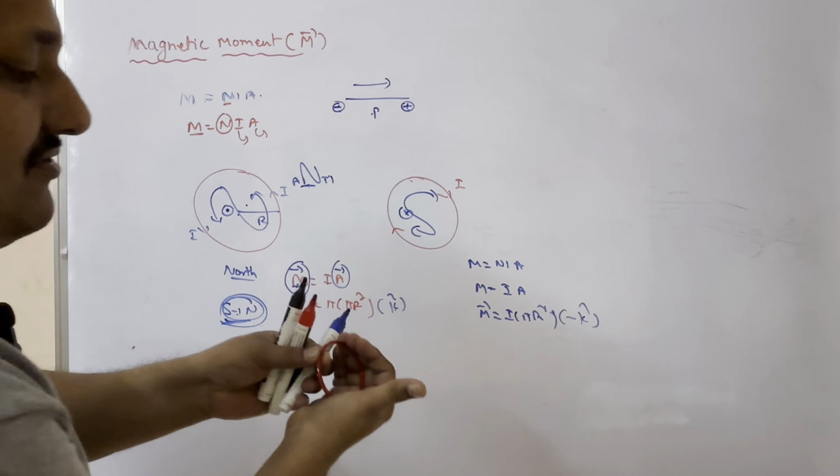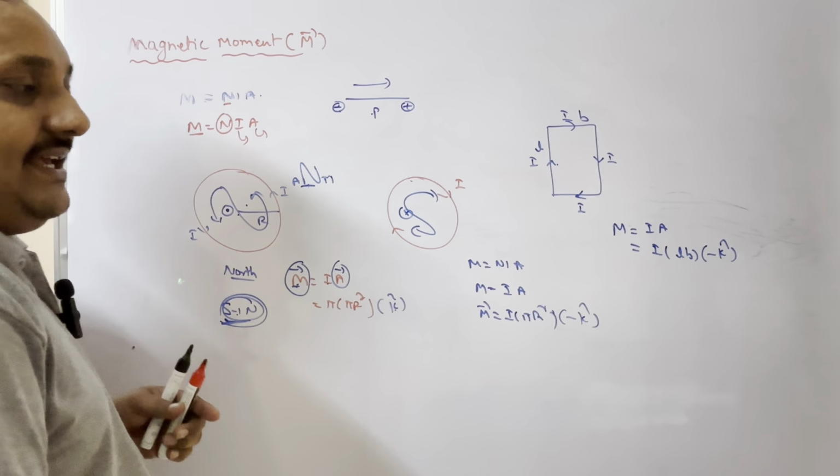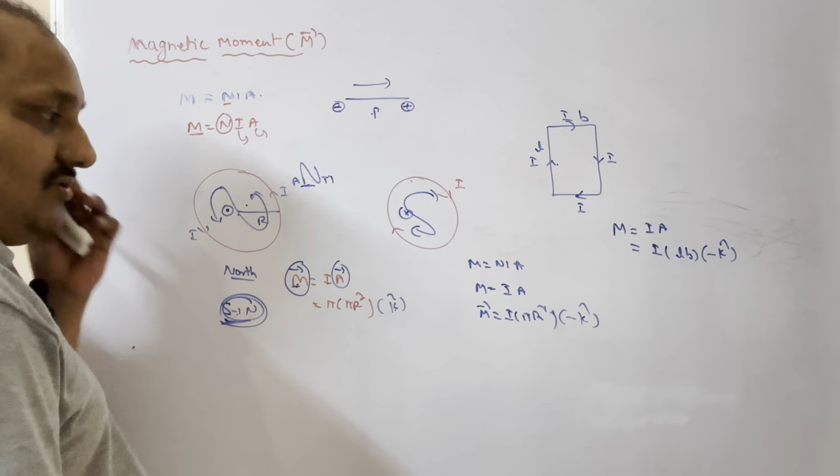Current into what is the area? Length into breadth. Now what is its direction? You can take the current clockwise. Therefore, magnetic field is into. Into means minus K cap. So depending on the coil, we are going to get the direction like this. Understood? So this is how to take the direction of the magnetic moment.